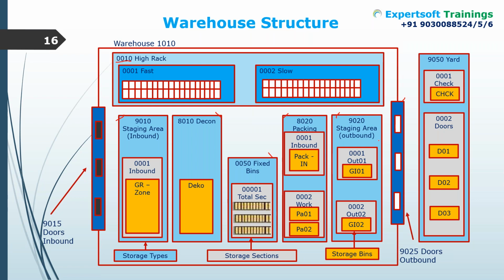So storage type is a very important object. Even though it was also important previously in SAP WM, as all the configuration was there, like your putaway strategy and stock removal strategy, it was the heart of your SAP WM.